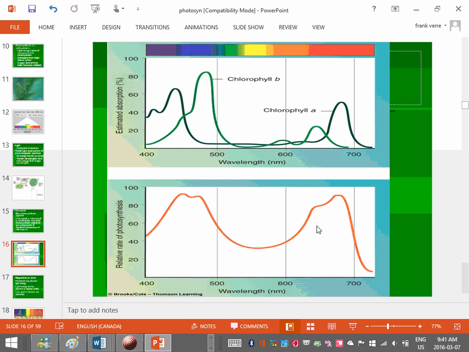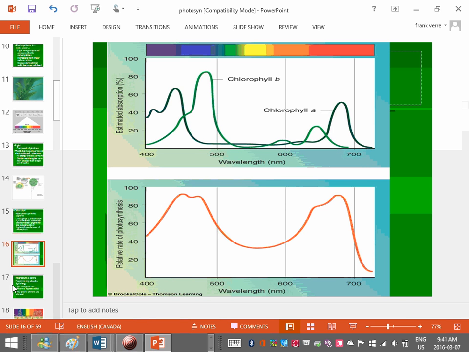And the main pigment, and this is why leaves are green, is, guess what? Chlorophyll. So if chlorophyll does its best job at absorbing blue and red light, that means most of the energy is going to come from blue and red light. So that's why photosynthesis peaks in blue and red light.